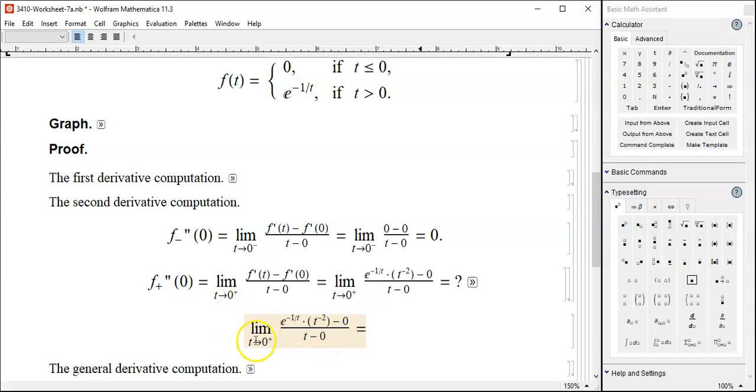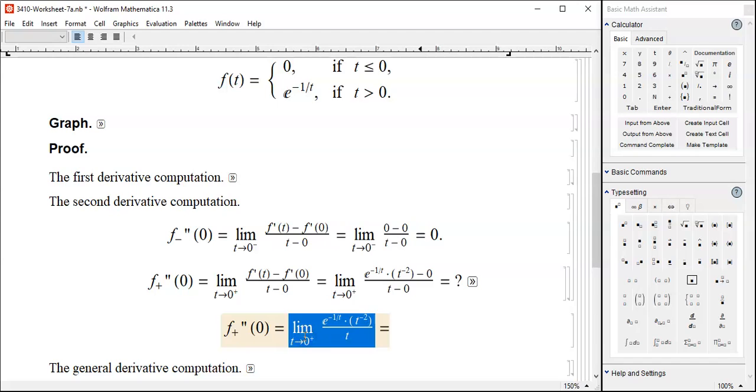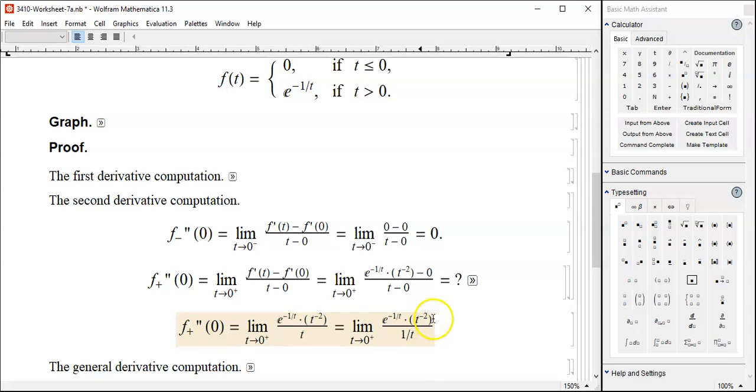This computation, or let me write like this. Okay, and then I don't need minus 0 anymore. And then flip it down, and then we get 1 over t. I hope that's right, isn't it?